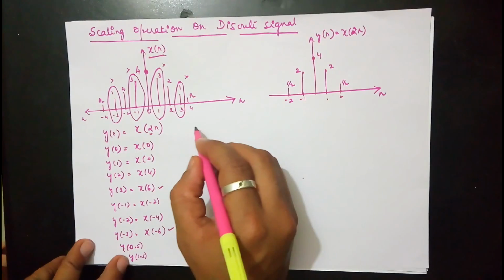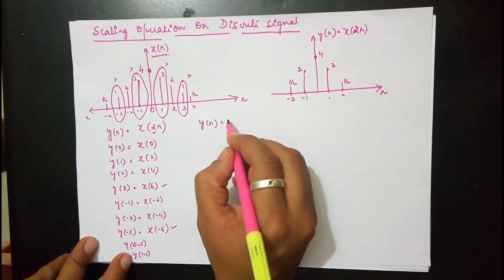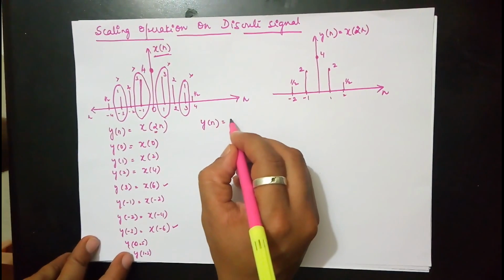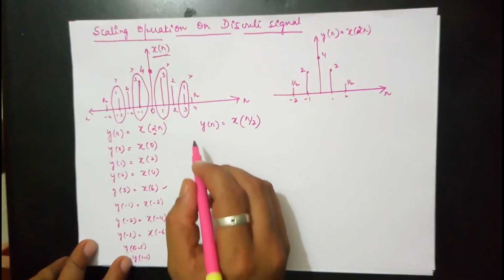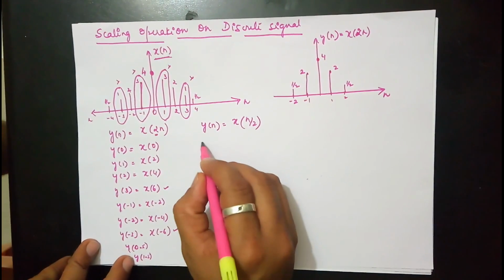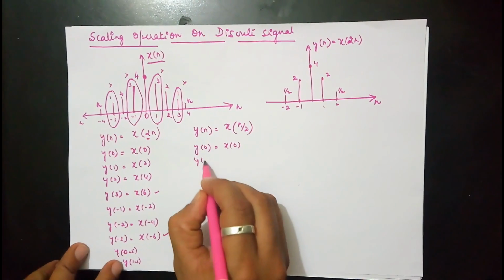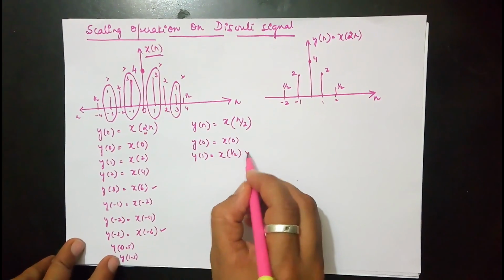Now again, if I take an example of y of n is equal to x of n by 2. If I put the values, y of 0 is equal to x of 0, y of 1 is equal to x of 1 by 2, which is not valid.